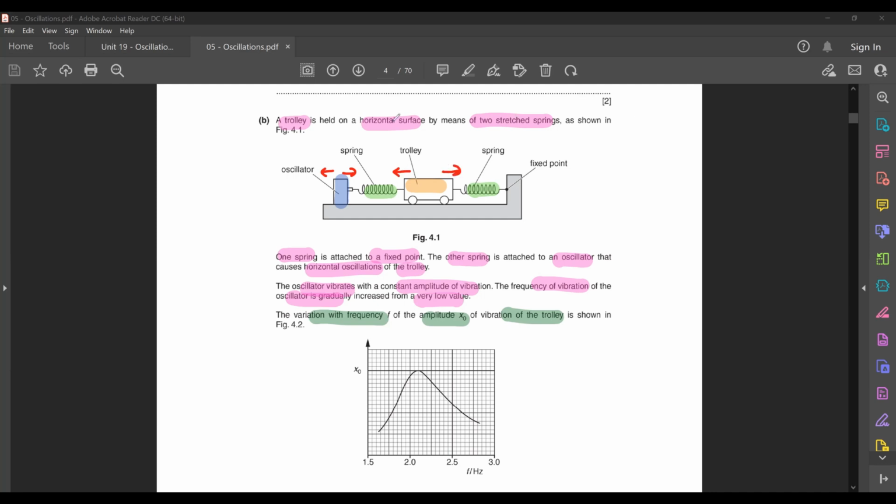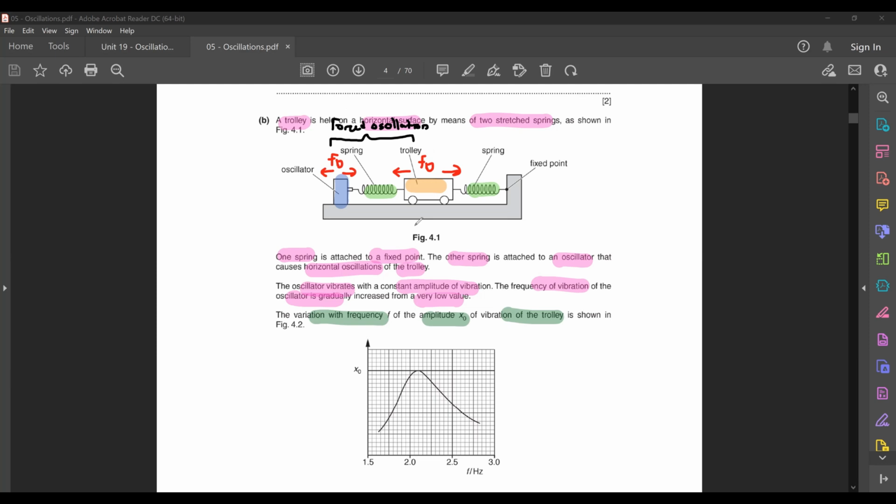So here, if your oscillator was oscillating at a certain frequency called your driving frequency, your trolley would also oscillate with that same frequency. Okay, because this one here is your forced oscillation system. All right, it is being forced to vibrate by the oscillator.